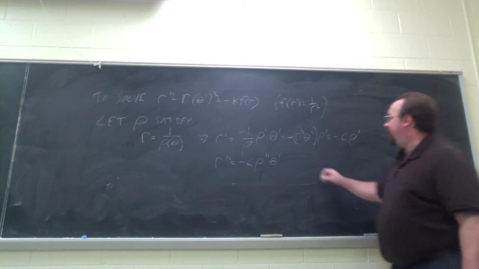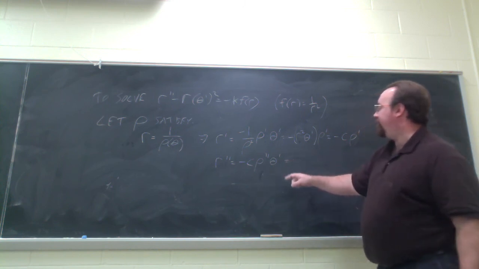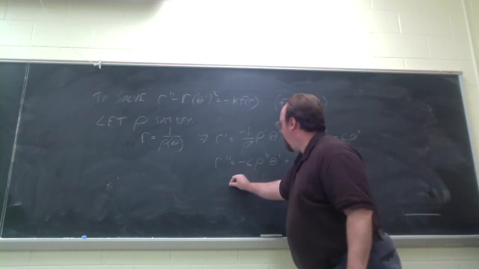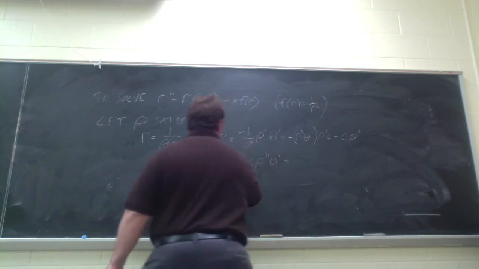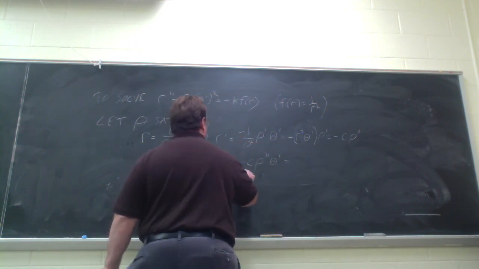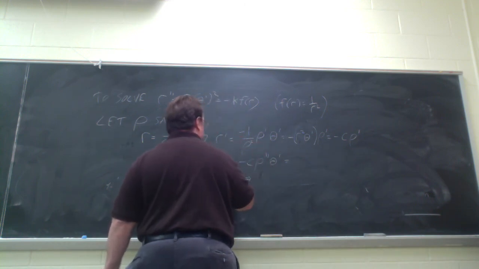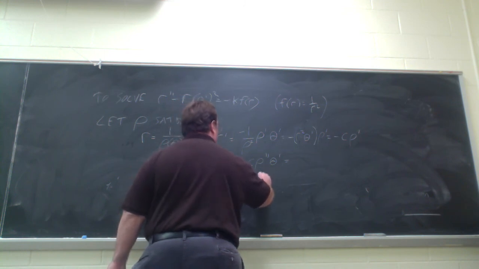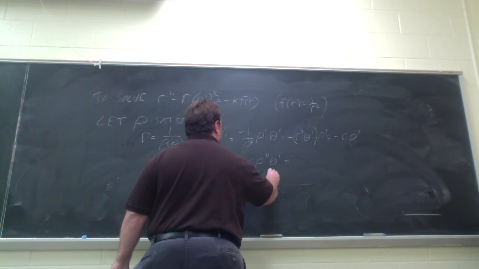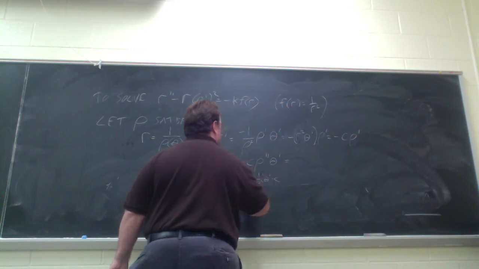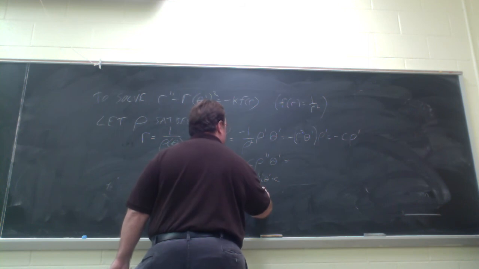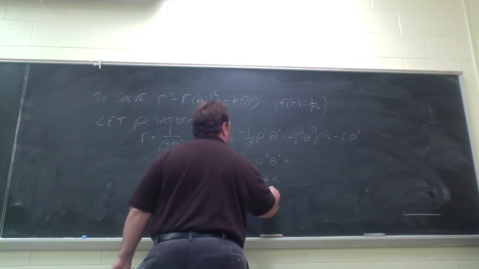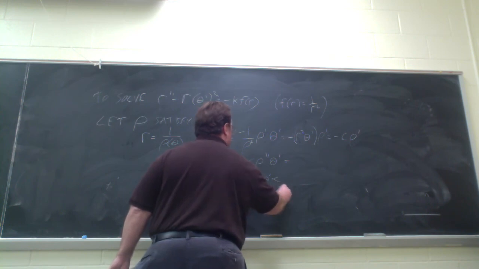But I can use the fact that r squared theta prime equals c, so 1 over rho squared theta prime is c. That tells me theta prime is equal to c rho squared.